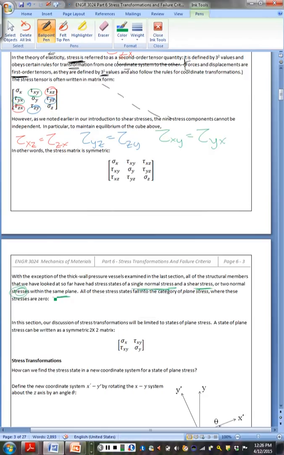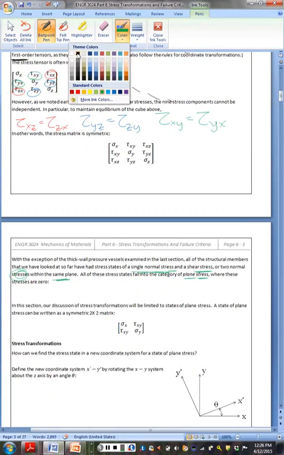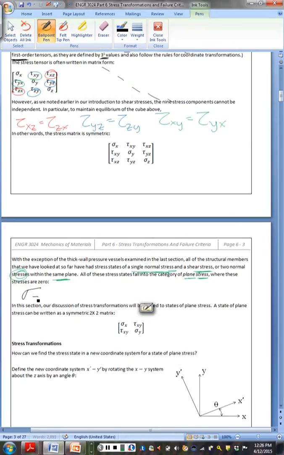So when you have that characteristic, we call it a plane stress case, and we can say the following: we know that sigma z is 0, we know that tau xz is 0, and we know that tau yz is 0.